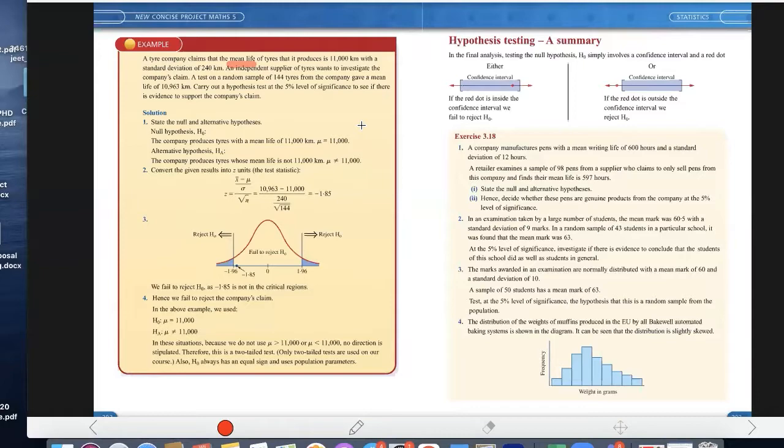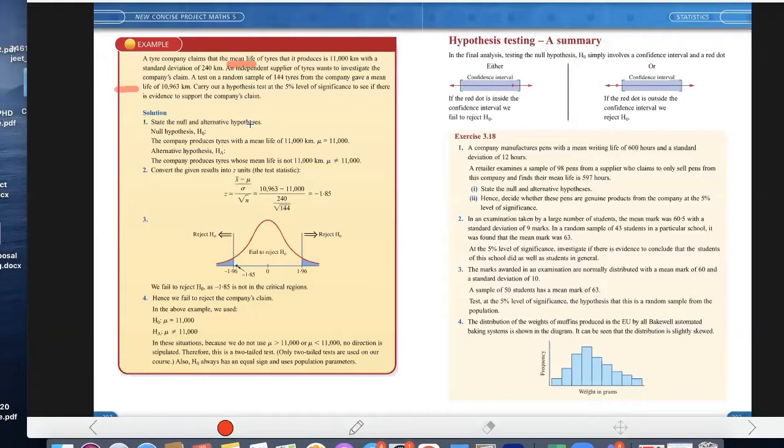A test on a random sample of 144 tires from the company gave a mean life of 10,963. Carry out a hypothesis test at the 5% level of significance to see if there is evidence to support the company's claim.